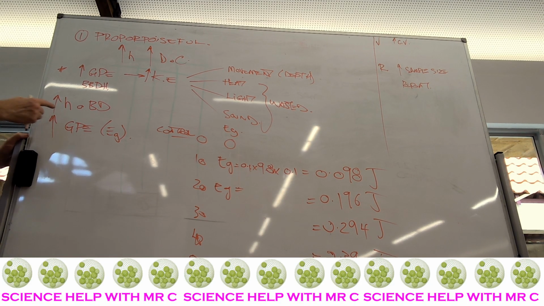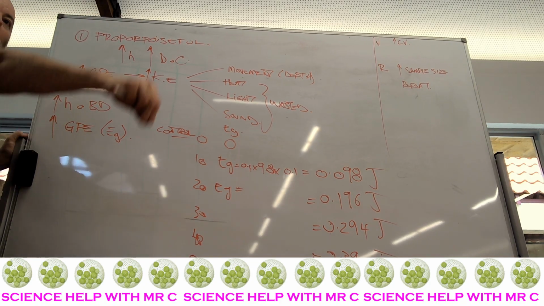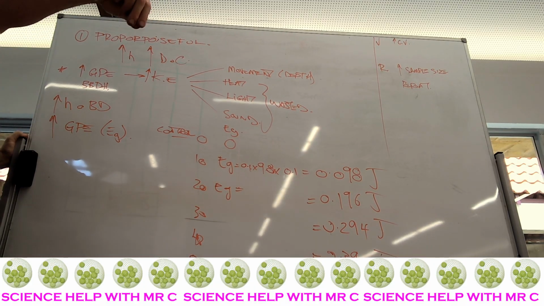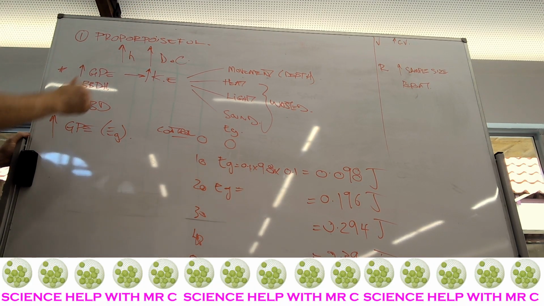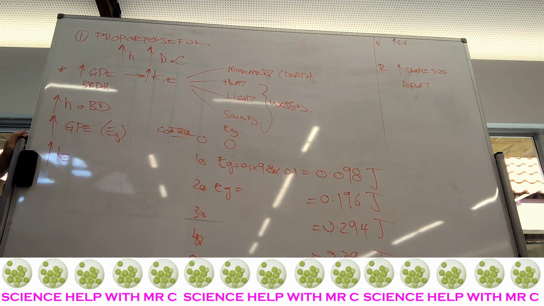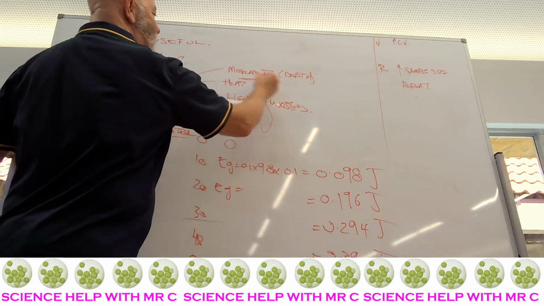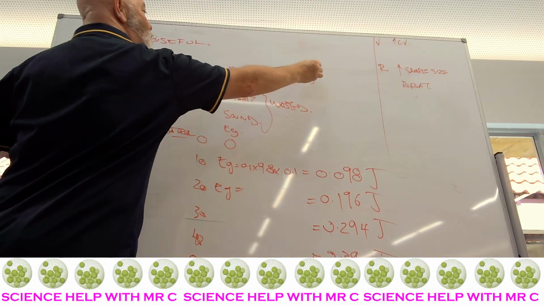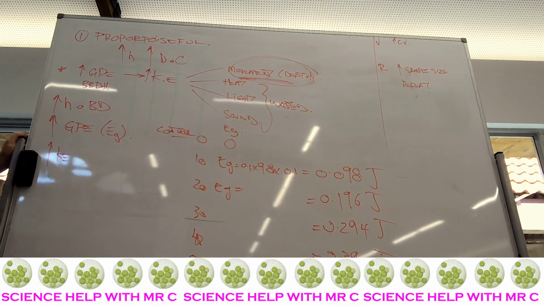As we increase the height of the ball drop, we are increasing the GPE. So we're holding it higher and higher, and it has more stored energy. When we drop it, we get an increase in kinetic energy. The thing that we're measuring is this here, our useful result.